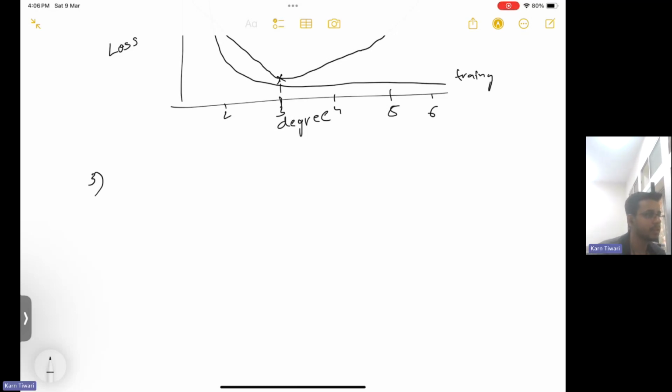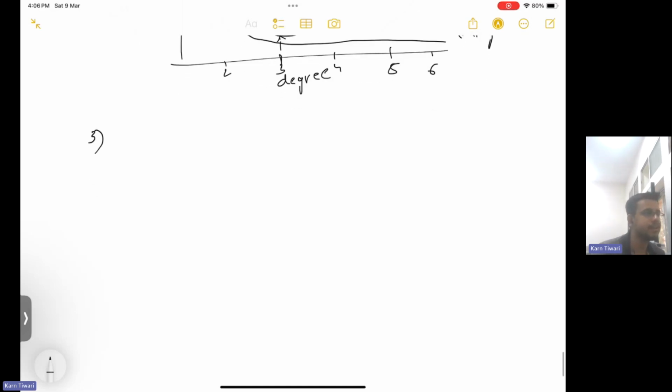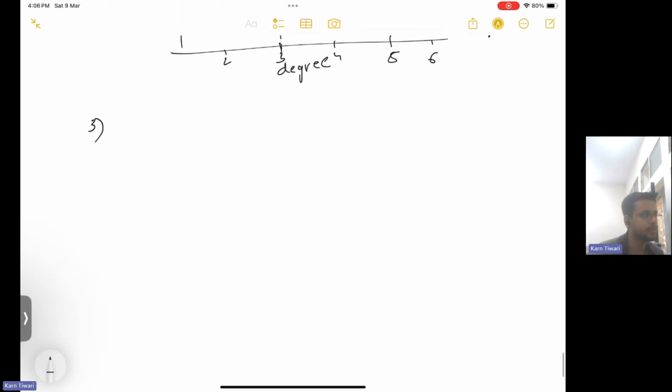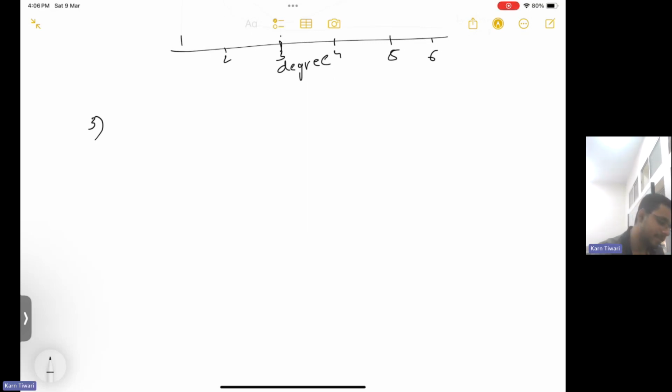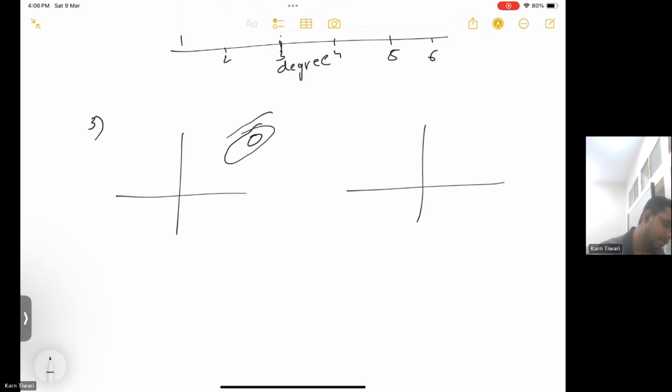Third question. Given two plots depicting two regularization techniques, which we refer to as the left plot A and the right plot B, choose the correct options. Basically they have given two plots. This is the contour, the common contour for the loss function.